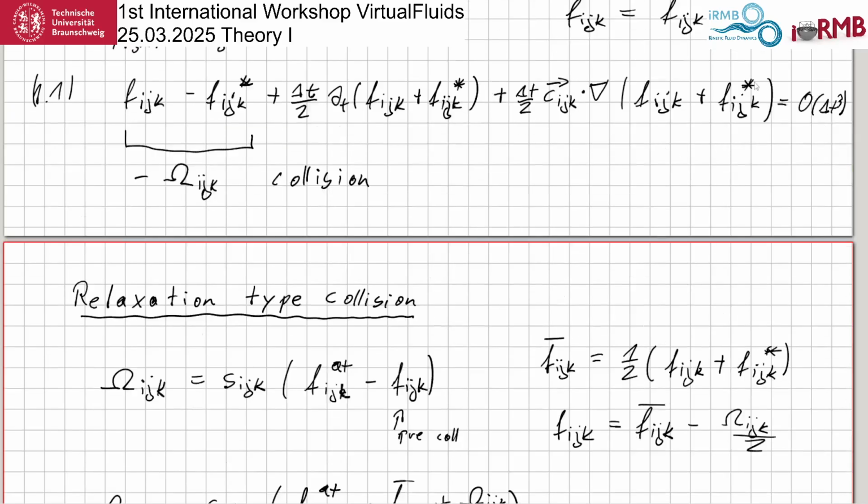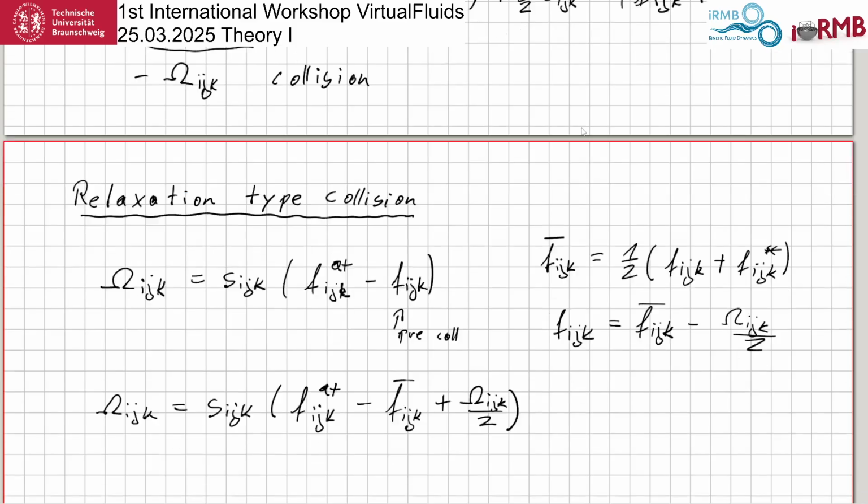If you look at this equation and you notice that this is minus the collision operator, then you already see that this is a discretization of the Boltzmann equation. And from the Boltzmann equation, you can derive the Navier-Stokes equation. And this is a little bit too much for today. So we'll advertise the links to the videos where I explain all of this, but then you have to sit down for your hours, please.